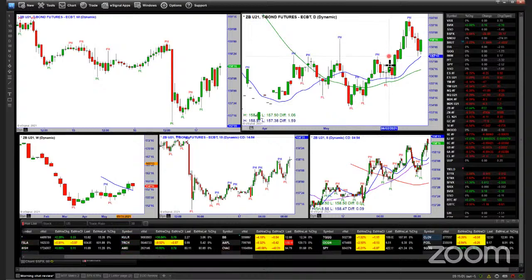I don't know. I'll have to think about that and look at that because they typically move in lockstep with each other. That's the 30-year. The other was the 10-year.